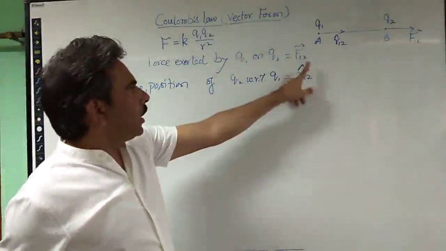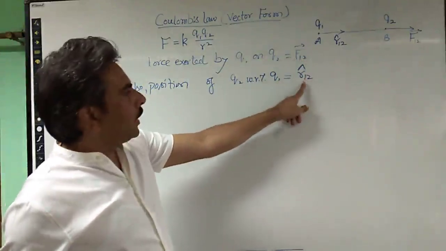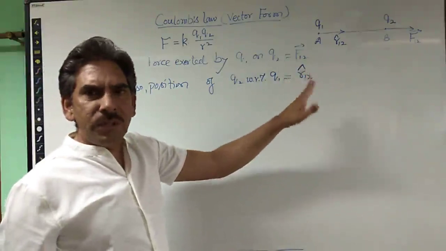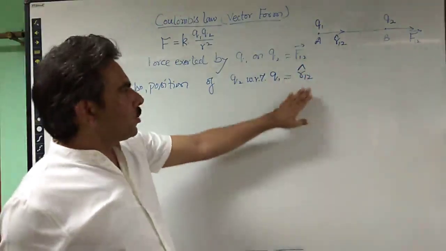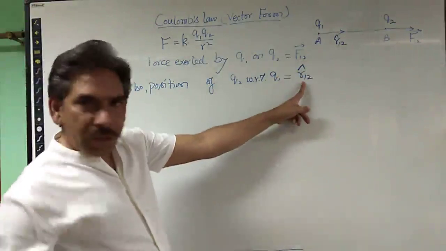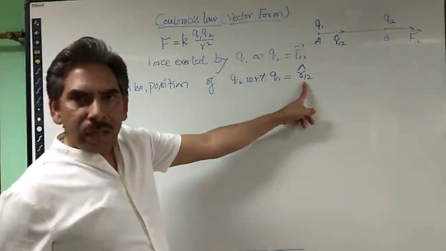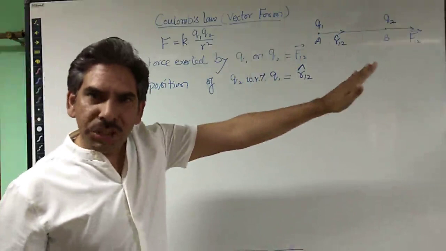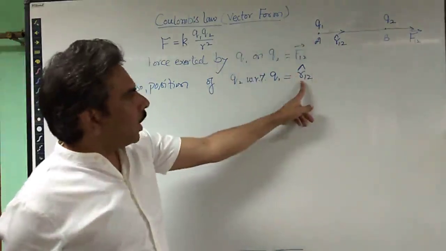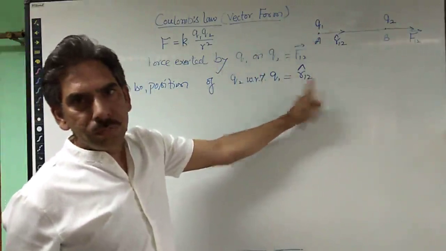In some books, it is taken as F21 and r21, or mixed, and that becomes a little confusing for many children. So better to take it as F12, the force on charge q2, and the position of charge q2 as r12 cap.